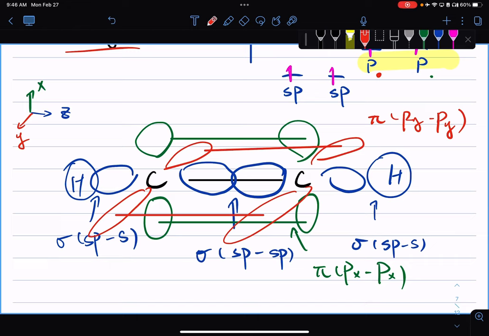All right, so if you think about it, this is the sigma bond we're talking about. And then the green pair is my pi bond that's vertically perpendicular to that sigma bond. But then in and out of the plane, there exists another pair of the pi bonds, which is my red ones. All right.